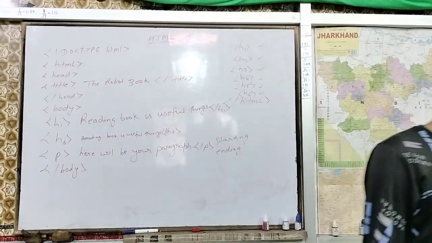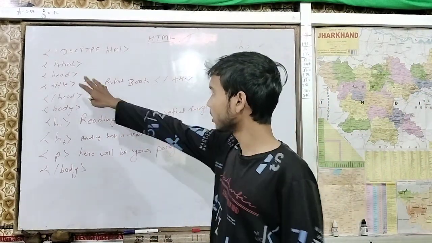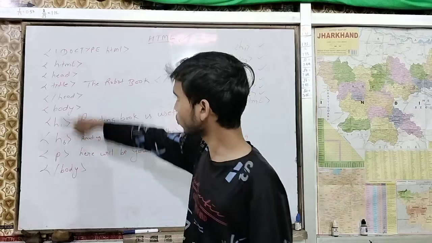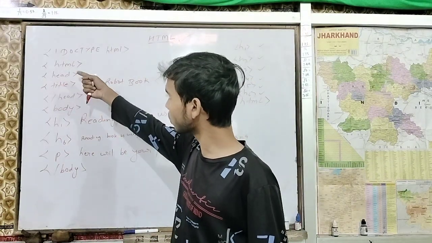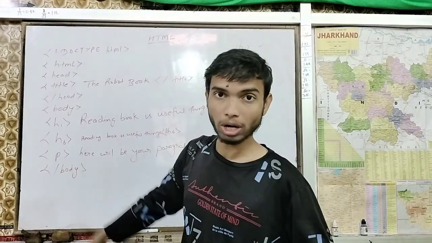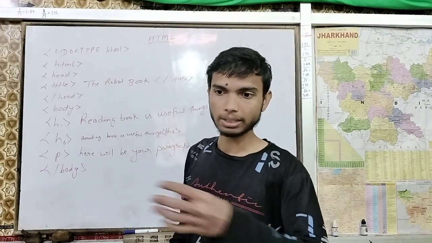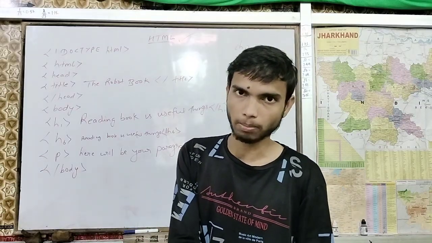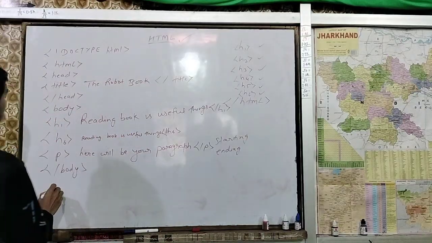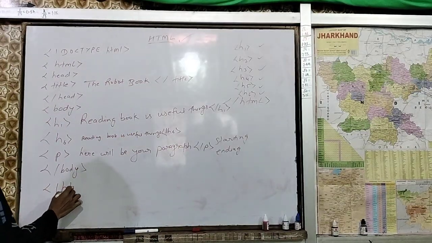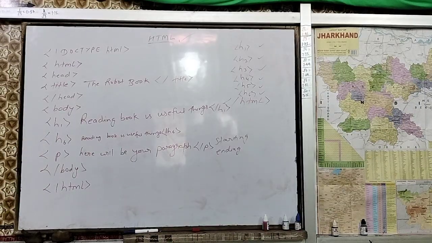If your HTML work is completed, then you will have to end this HTML tag by using the ending HTML tag. You are telling your website, your HTML, that yes, I am ending my HTML project. That is what you are telling your website. So this slash html. Have a look at this.